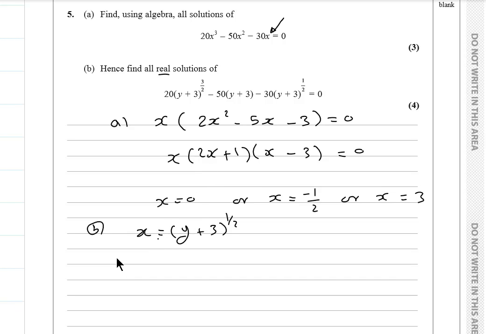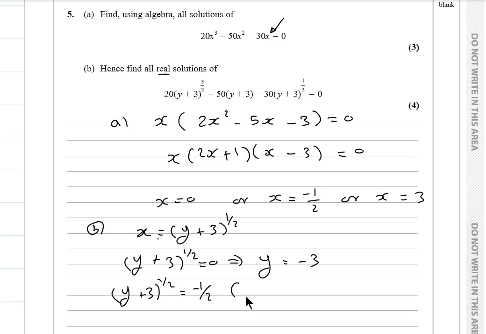In other words, x equals 0 will correspond to y plus 3 all to the power half equals 0, which implies that squaring both sides, y plus 3 equals 0, and then y equals minus 3. Also y plus 3 to the power half equals minus half, but it can be rejected.